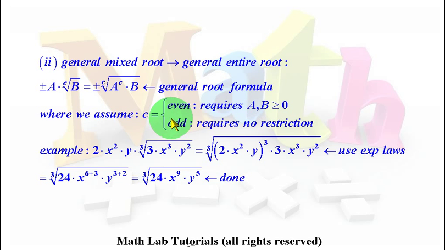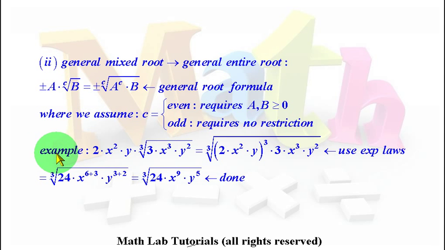So when c is even, we have to restrict a and b to be both greater than or equal to 0. However, when c is odd, we need not impose any restriction on either a or b. Recall that a is the multiplier and b is the argument of the radical.